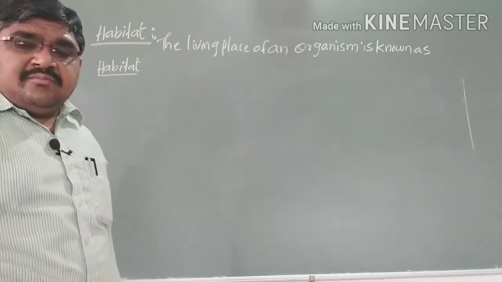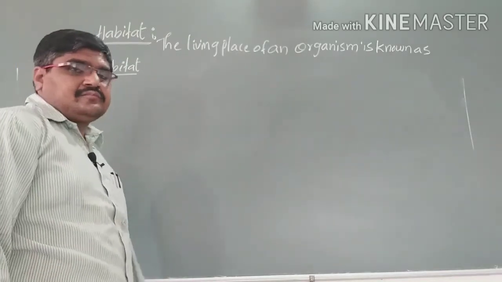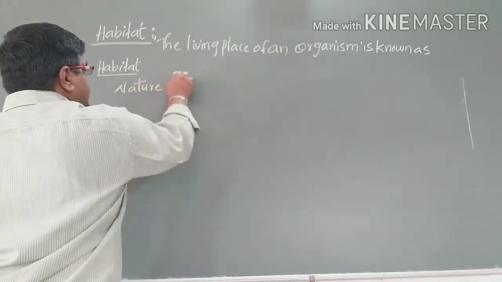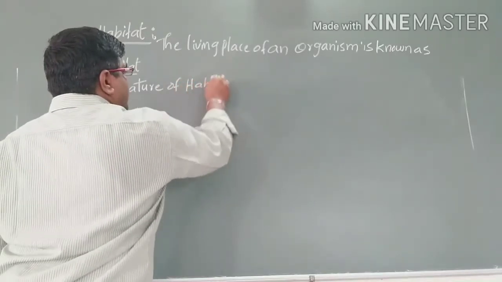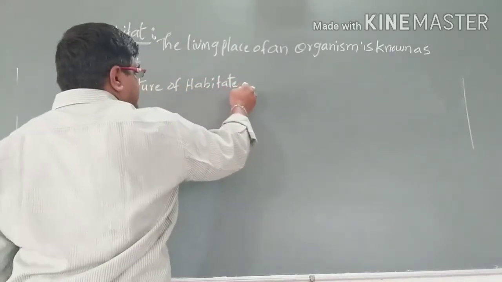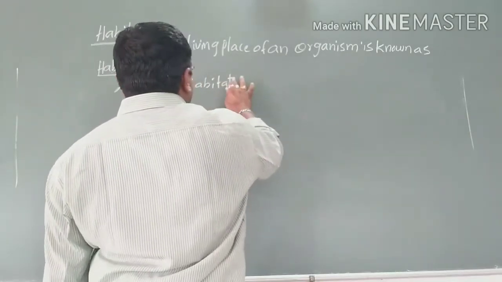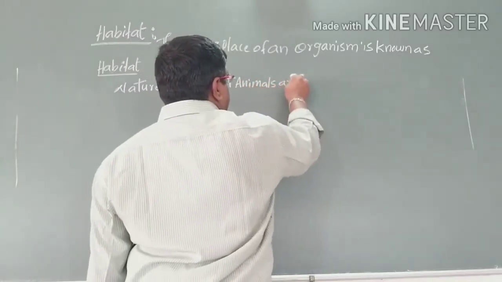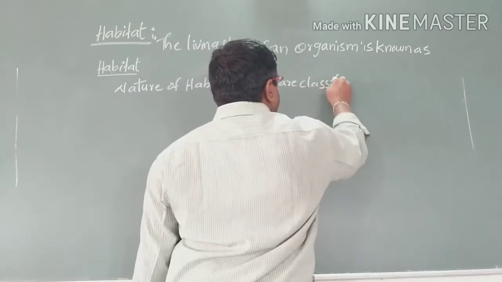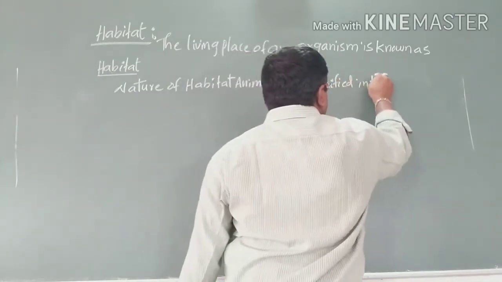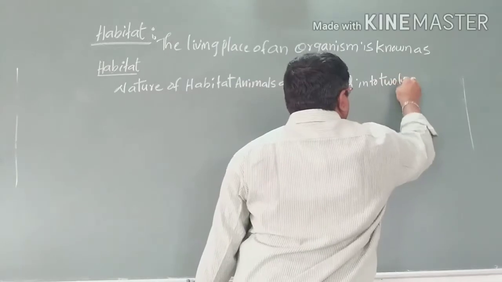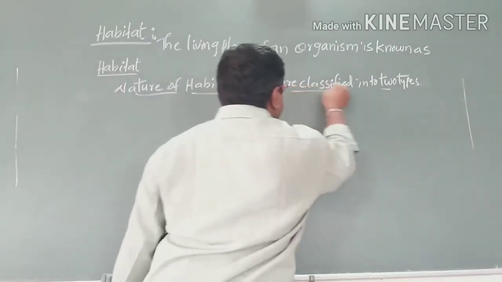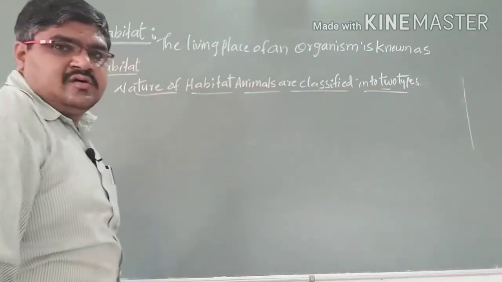So here is the nature of the habitat. Based on the nature of habitat, the animals are classified into two types.